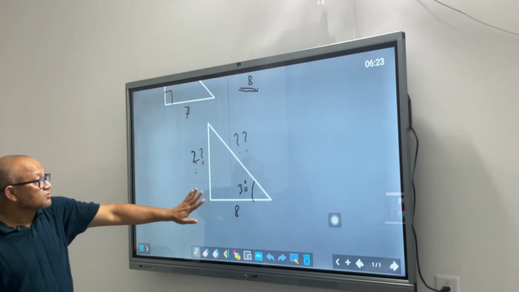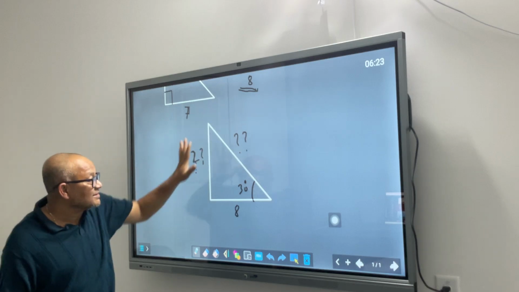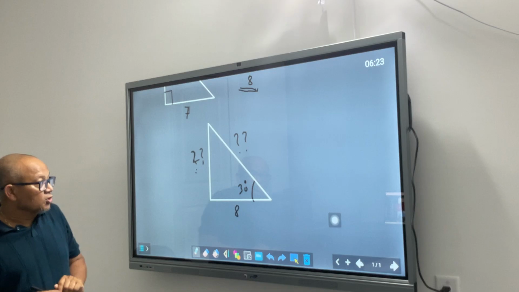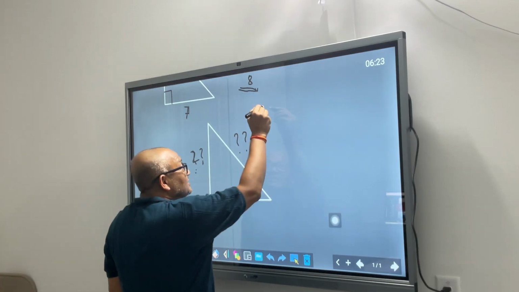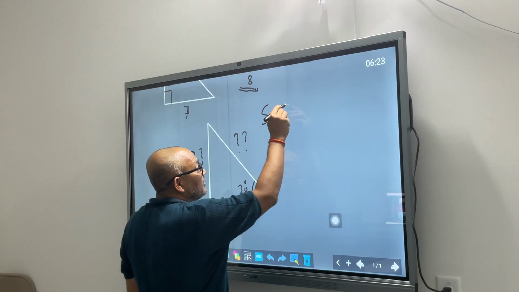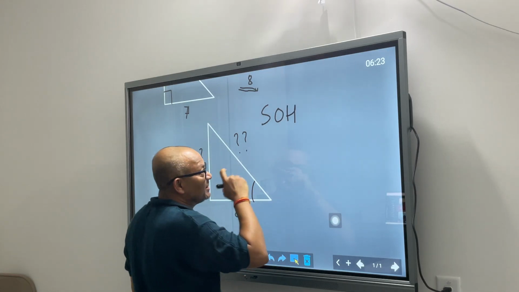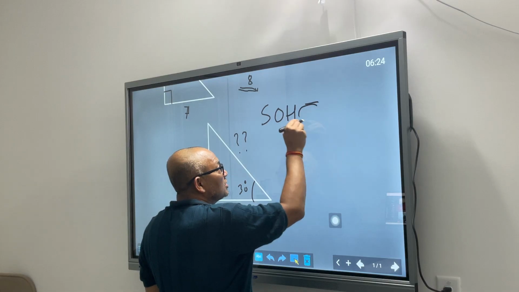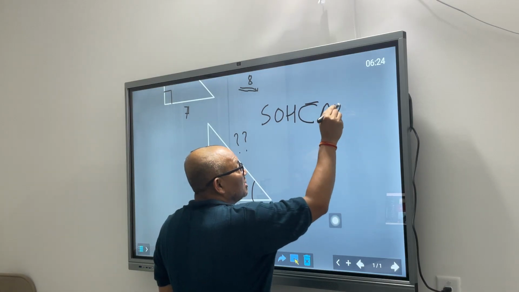Trigonometry helps us to find out the relationship between the sides and the angles between them. And the beginning of that understanding of trigonometry relies on one acronym called SOHCAHTOA.